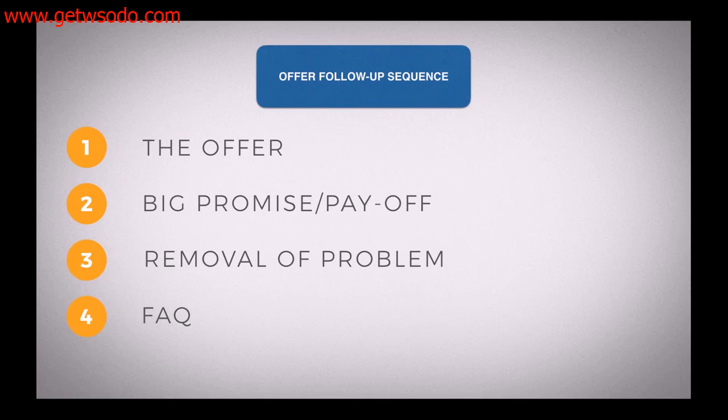Now, if a prospect doesn't respond after this or as they're going through this, and of course, anytime a prospect buys, they get removed from this sequence and they get put into the customer thank you sequence. But immediately after the offer follow-up sequence, that's when we plug folks into the intensification sequence.